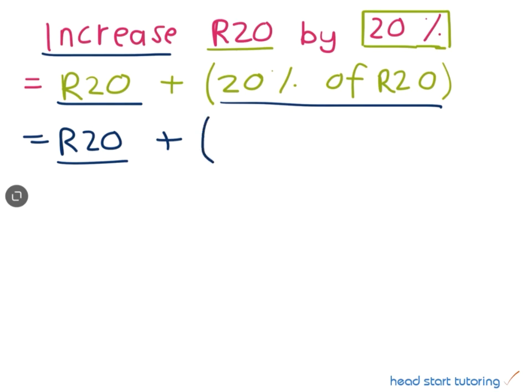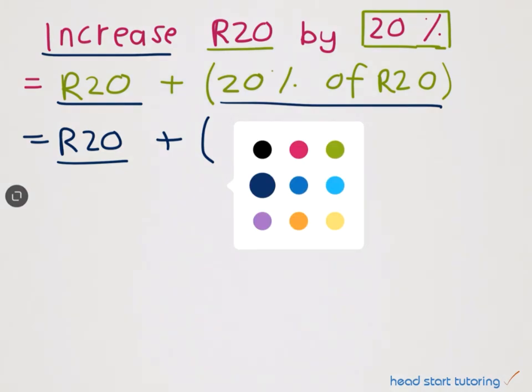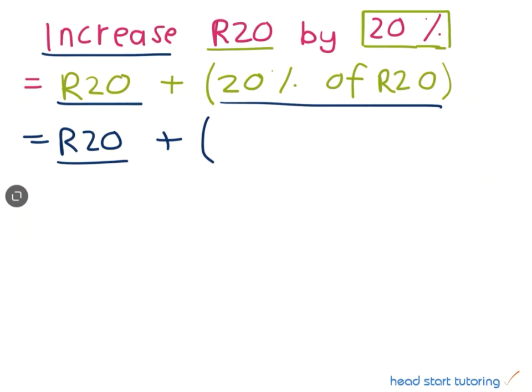So now we do our brackets first. So we work out in our brackets 20% as a simplified fraction is equal to 1/5, because it's easier to work with fractions than it is with percentages when we are working with of. So 1/5 of, or multiplied by 20 over 1. So 5 fits into itself once, 5 fits into 20 4 times.